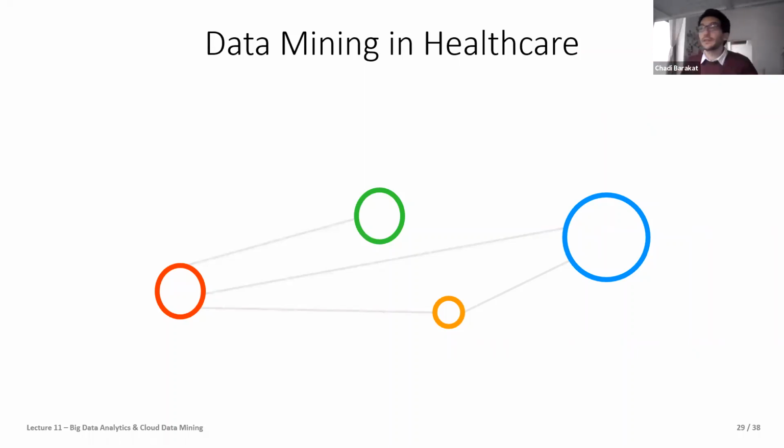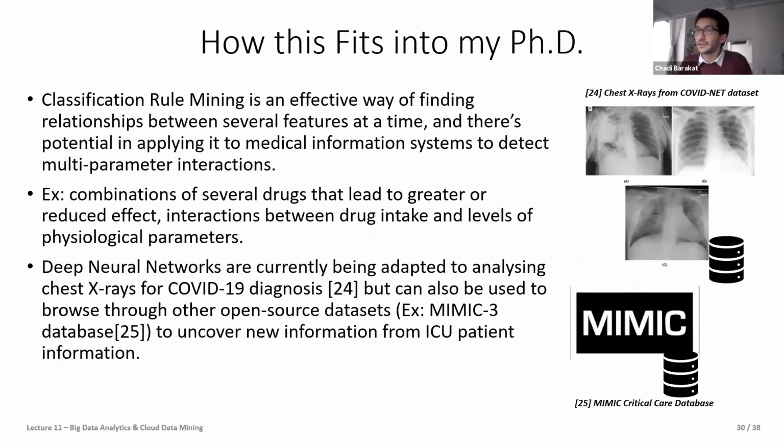I mentioned all of these things applying deep learning and data mining in retail, and I'm studying bioengineering. So how does one thing fit into the other? Mostly these pre-trained networks that detect objects and images can be applied and are being applied to the COVIDNet dataset, which is a series of chest X-rays.